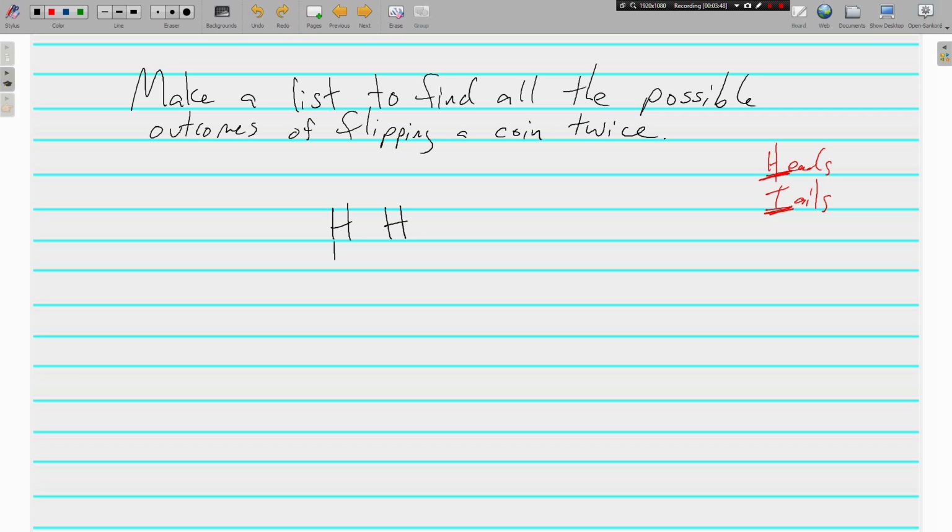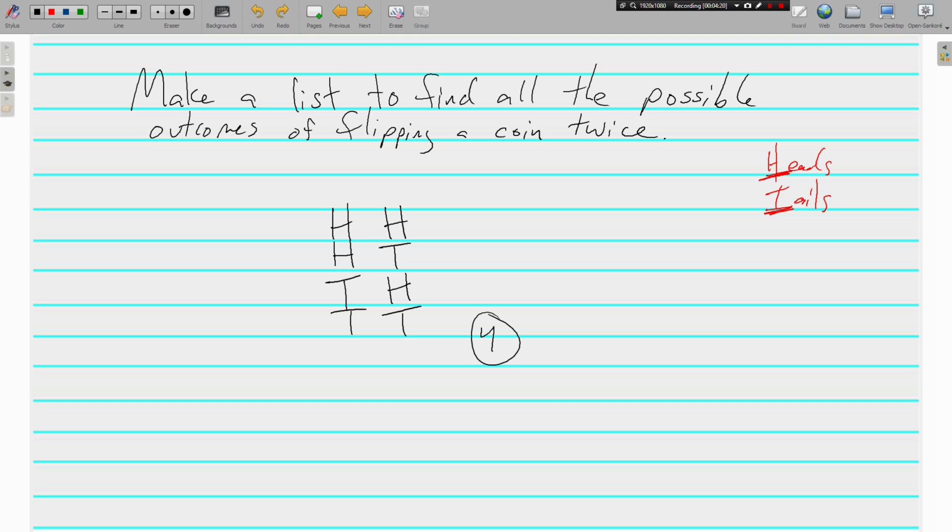We could get heads, and then tails, and that's all that starts with heads. So we could get tails and then heads, or we could get tails and then tails. Okay, there are only 4 things that could possibly happen when you flip that coin twice.